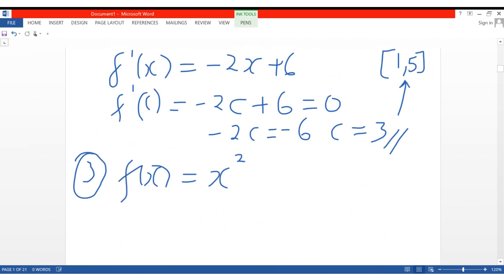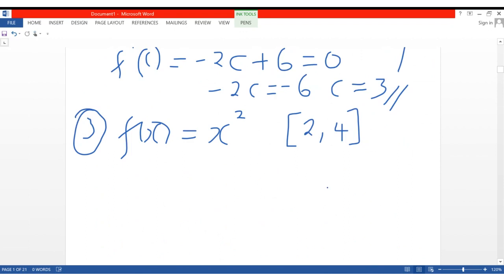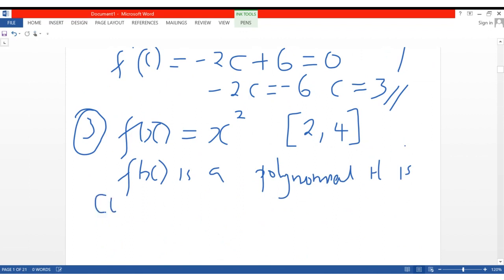The interval 2, 4 and Rolle's theorem. So first of all, see f of x is still a polynomial. Because it is a polynomial, it is continuous. Please don't get tired of doing this.